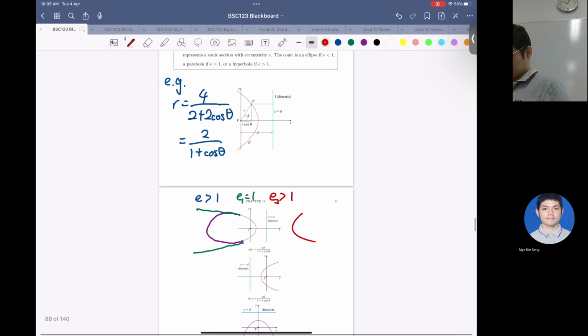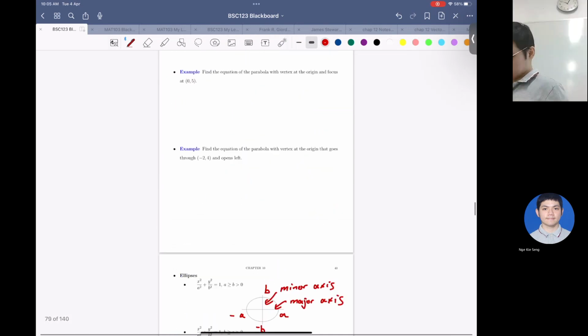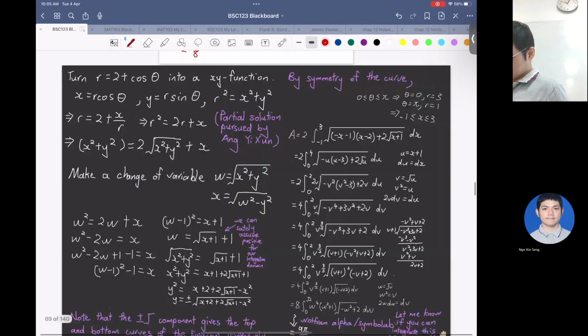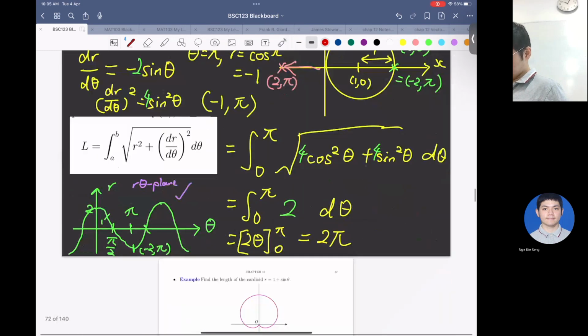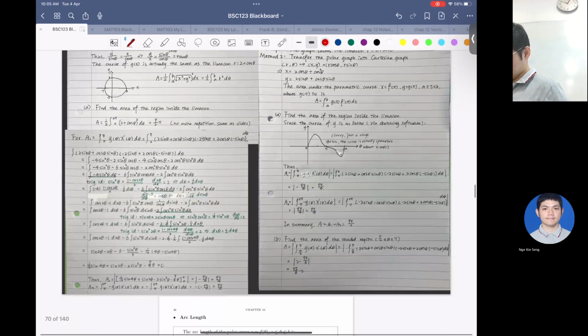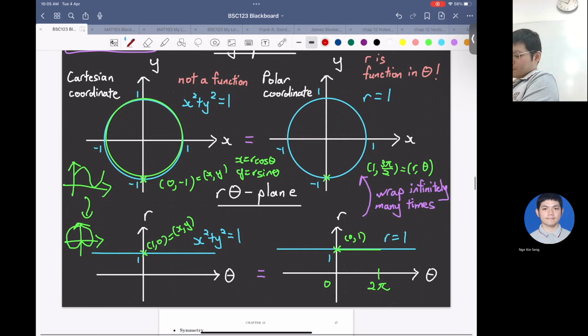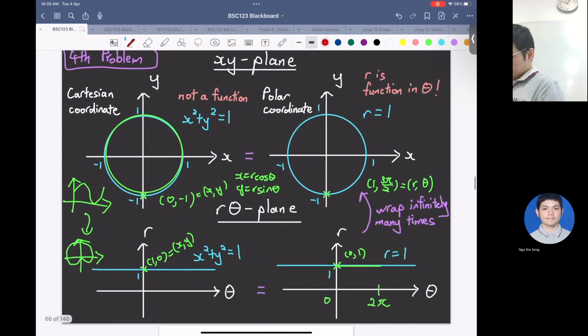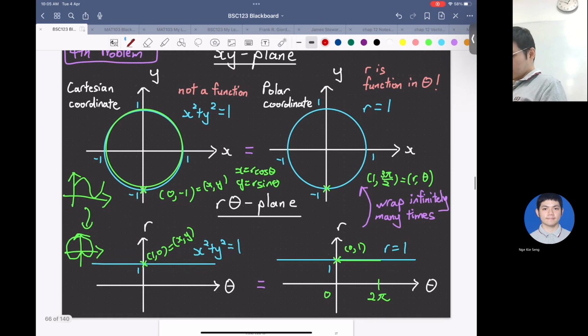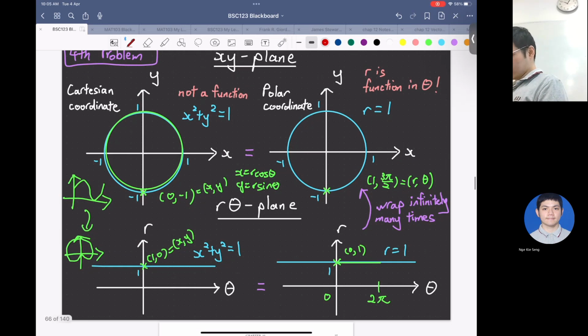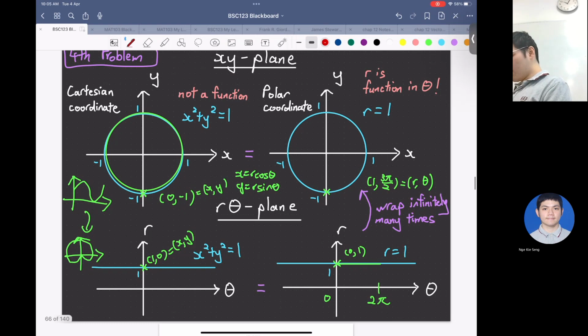Come back to this one. Where's the flow diagram here? It's better to go from this diagram to this diagram. When we talk about polar coordinates, it is natural to think about this.